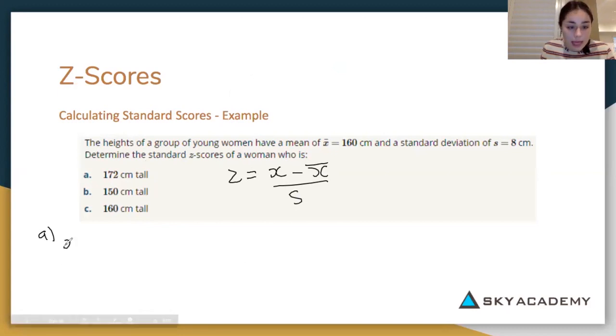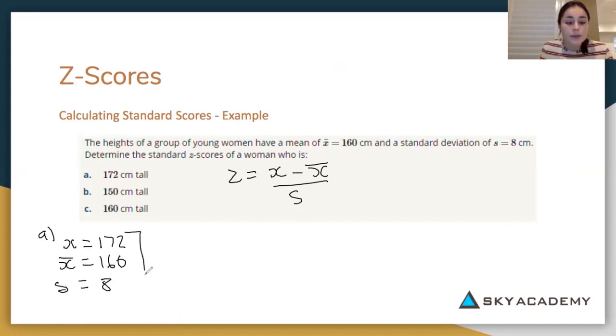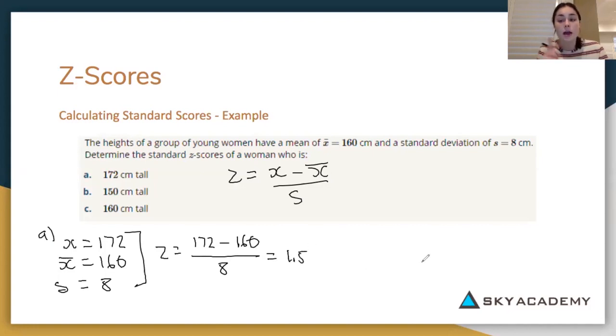X equals my score, which is 172. My mean of X is 160, and my standard deviation is 8. So Z equals 172 minus 160 over 8. That's going to give me a score of 1.5 standard deviations above the mean.